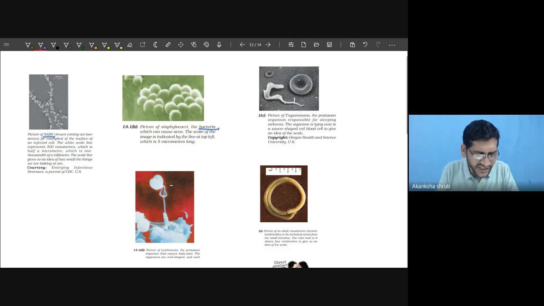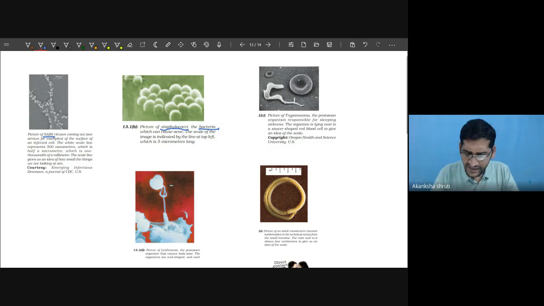Yes, it is the bacteria. Which bacteria is this? It is Staphylococcus bacteria. What does it cause? It causes rashes on the skin. So this causes acne and headache, meaning the pain.